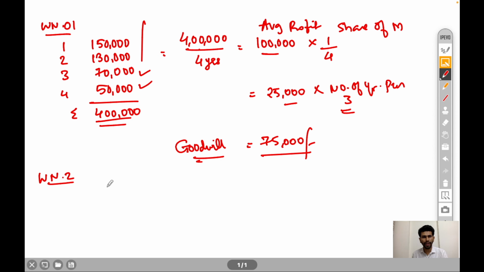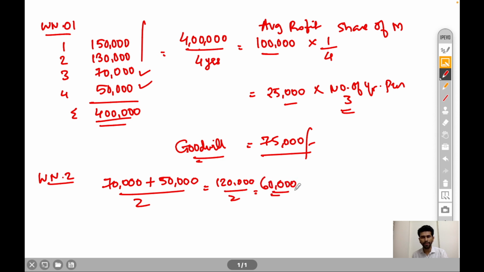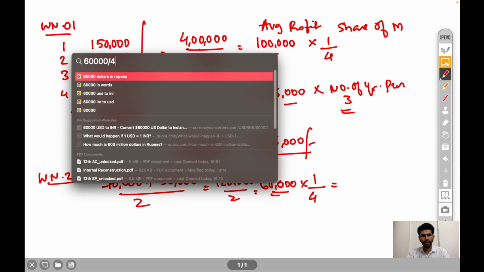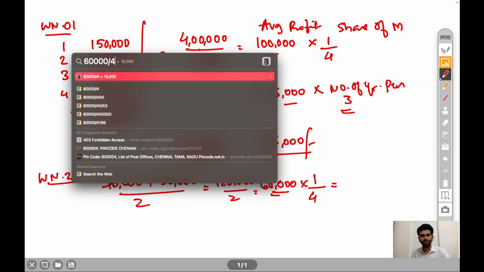So average profit of last 2 years is 70,000 rupees plus 50,000 rupees divided by 2. 1,20,000 divided by 2, 60,000 rupees is the average profit of whole firm. Now we have to calculate profit of share, profit of Mukta, that is 1/4. 60,000 into 1 divided by 4, that is 15,000 rupees.